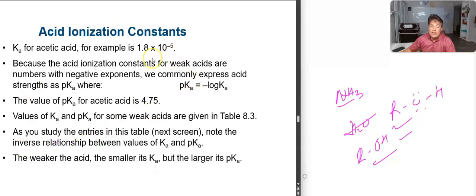Now let's look at the acid ionization constant. Ka for acetic acid, for example, is 1.8 times 10 to the minus 5. We have already studied Ka and Kb, right? Because the acid ionization constants for weak acids are numbers with negative exponents, we commonly express acid strength as pKa.